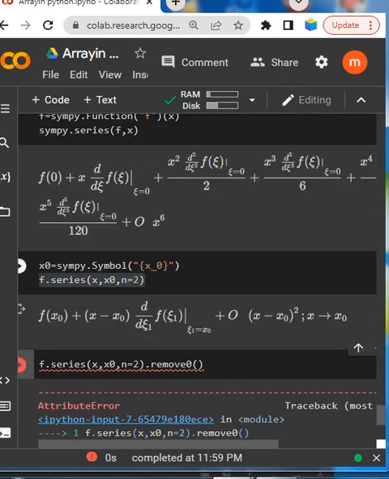So I specified n equal to 2 here, to request a series expansion with only terms up to and including the second order, but no error due to something that represents an order object, the O. The order object is useful for keeping track of the order of the expansion.